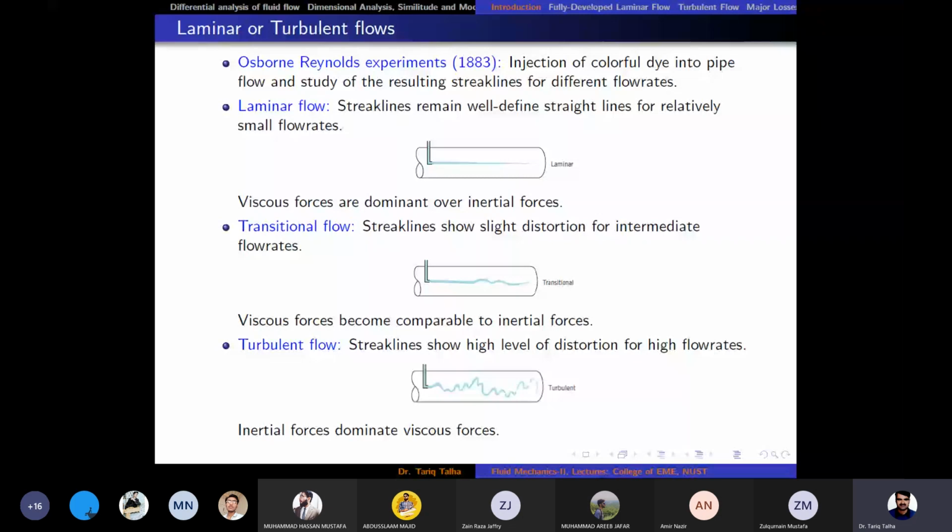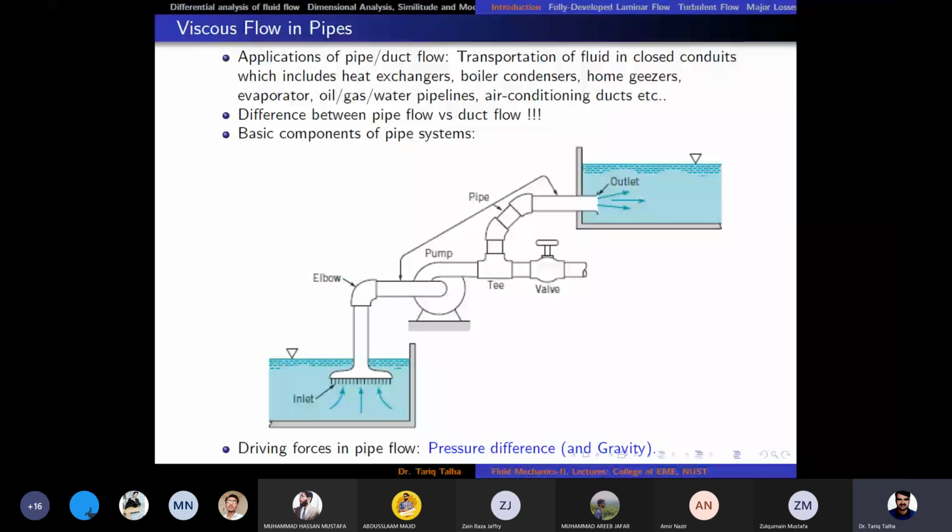Right? And one thing which I missed on the last slide is that the driving forces in pipe flow are either the pressure difference or gravity. An example of pressure difference is that we need a pump to move the fluid to a higher altitude. But when we want water to come out of our washroom tap, we don't need any pump, because the water has potential energy, as it is at a higher altitude.